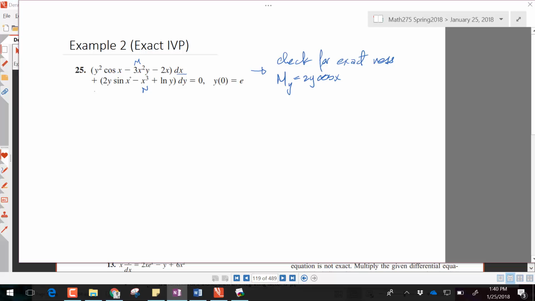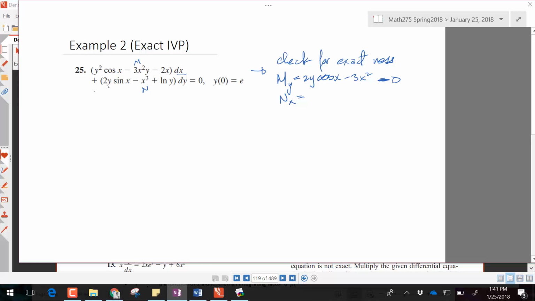The next one is 3x squared y. Y is your variable, 3x squared is constant. So that's just 3x squared, and the y's go away. And then this is going to be 0. 2x, derivative of that with respect to y, there's no y's in it, so that's going to be 0. And now N with respect to x.